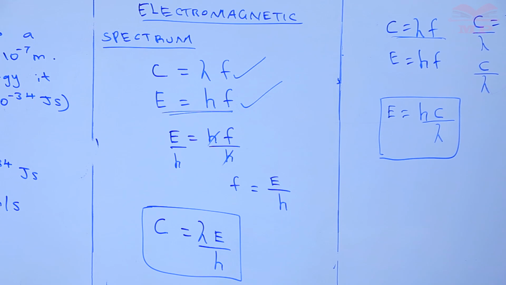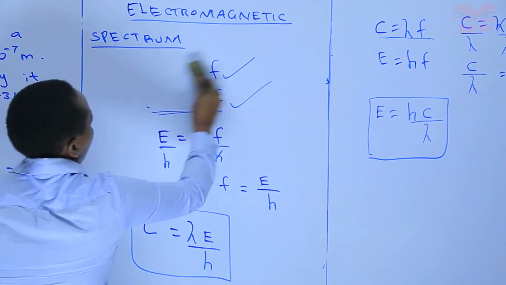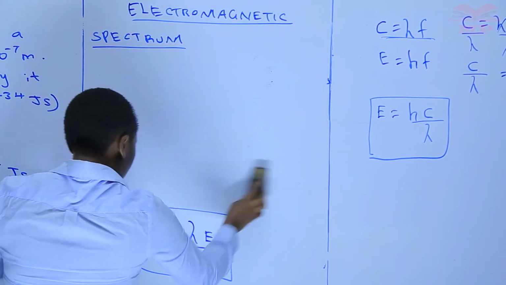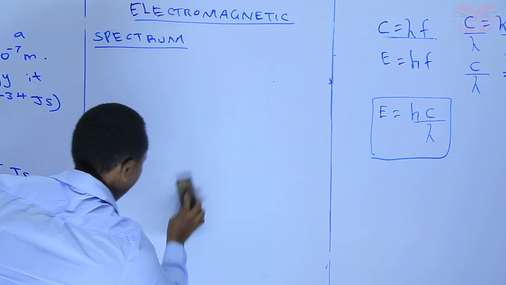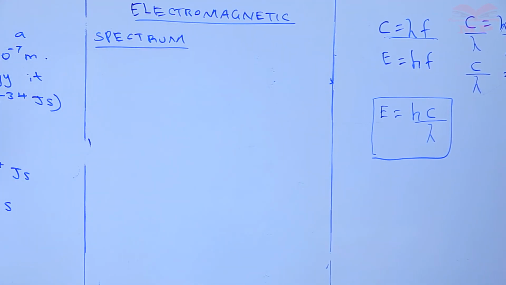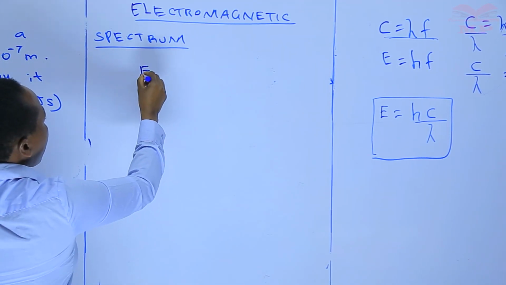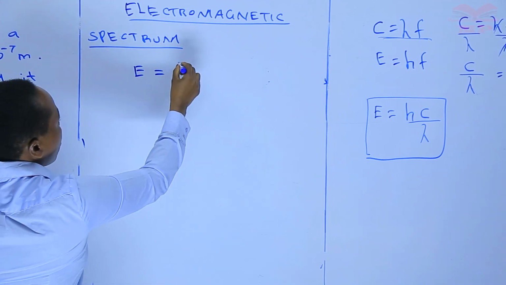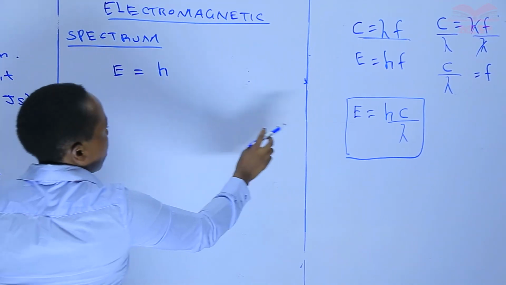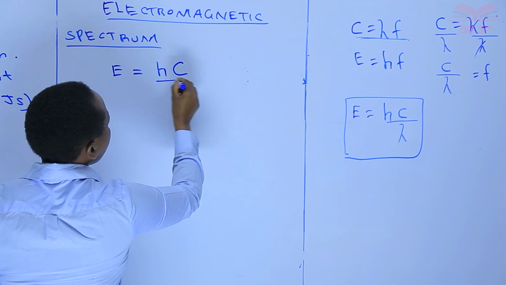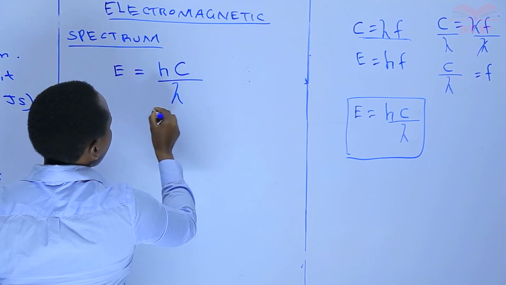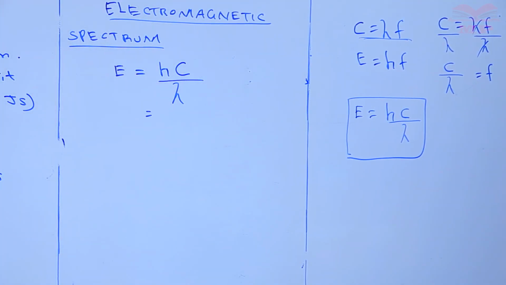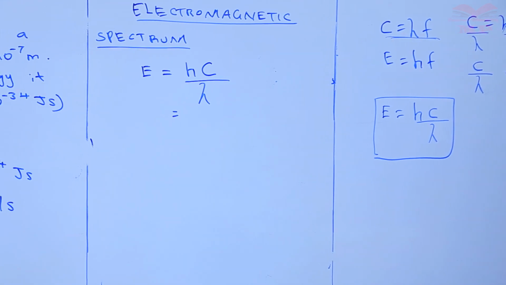So we can apply that formula. So we get the energy it will emit. So energy is equal to the Planck's constant multiplied by the speed of light divided by the wavelength. So that is what we have. So that formula has all the quantities that we have here.